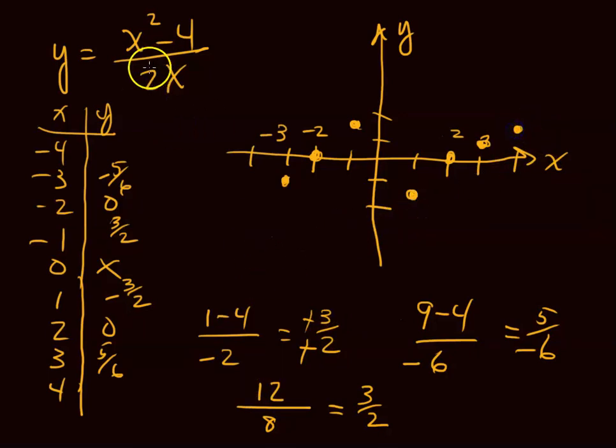At a negative 4, we still get 16 minus 4, but we get a negative 8. So it's a negative 1.5. Now, this may not look like it, but this is going to do something like this, and something like this.